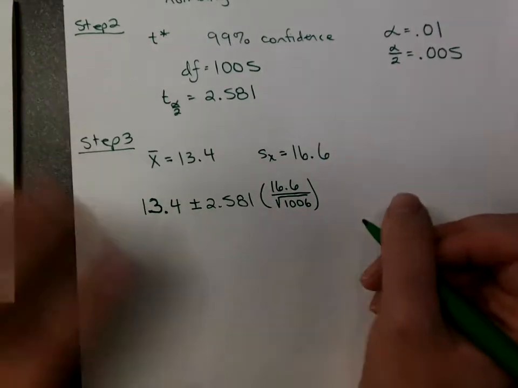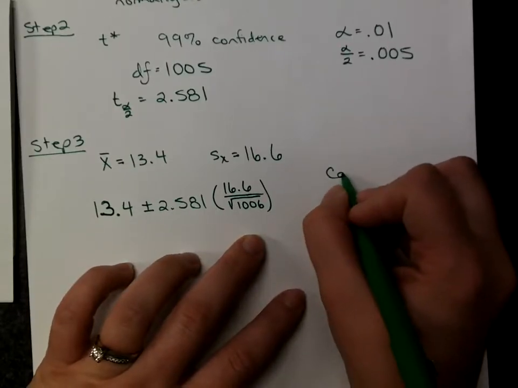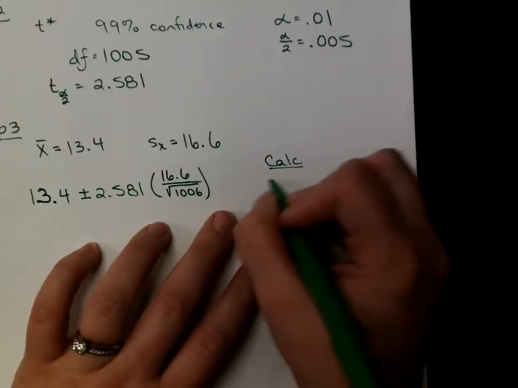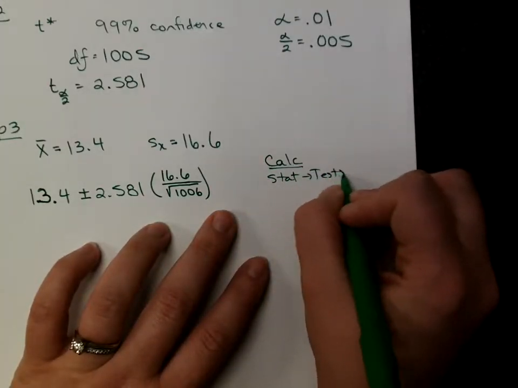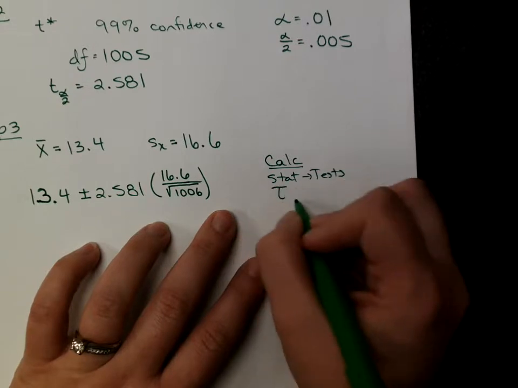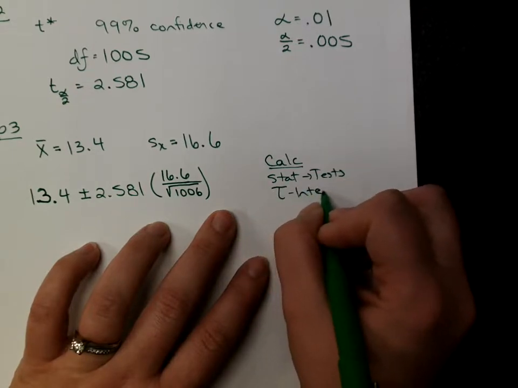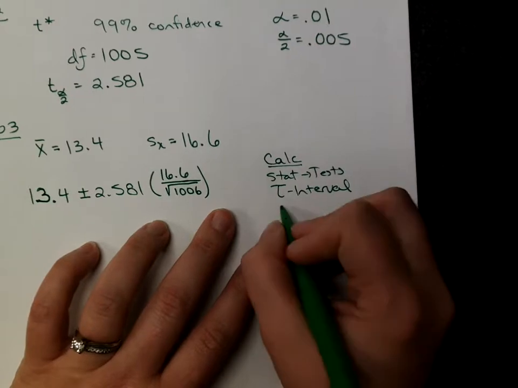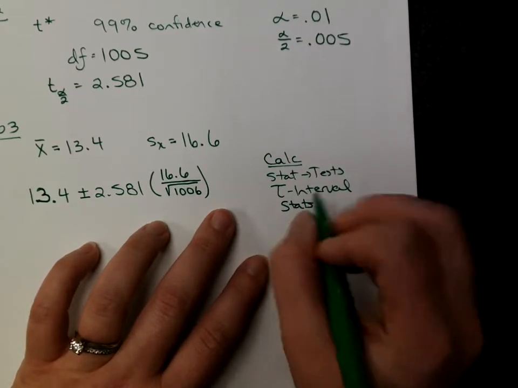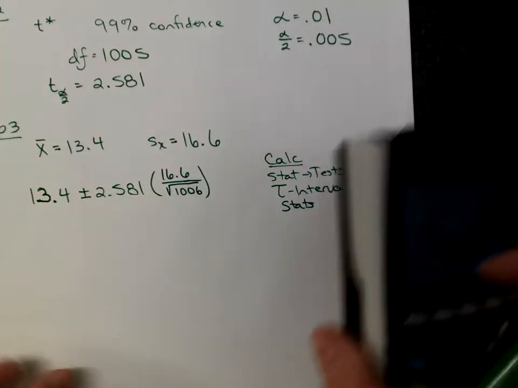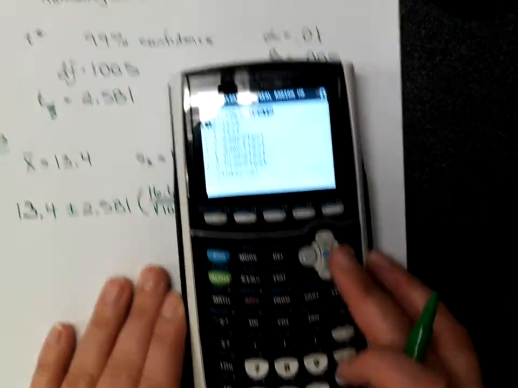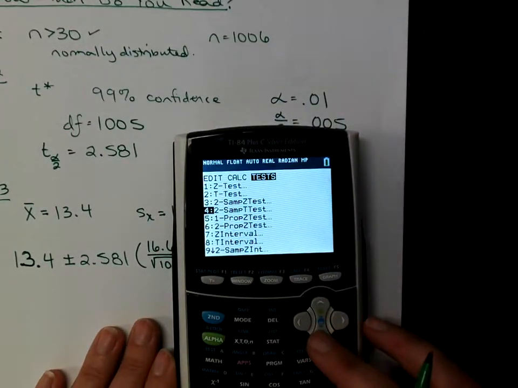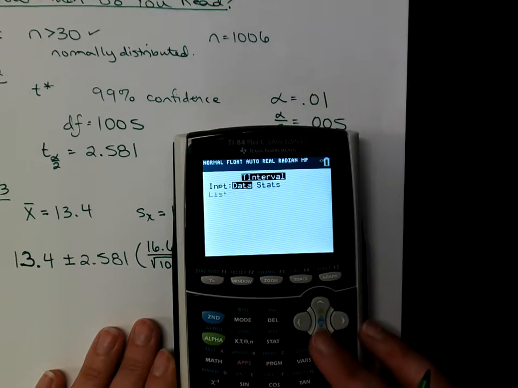And you can put all that in the calculator, or you can use the calculator function, stat, tests again, down to T interval. This time we're going to use the stats. We don't have the data. We don't have the 1,006 entries. So stat, test, T interval.